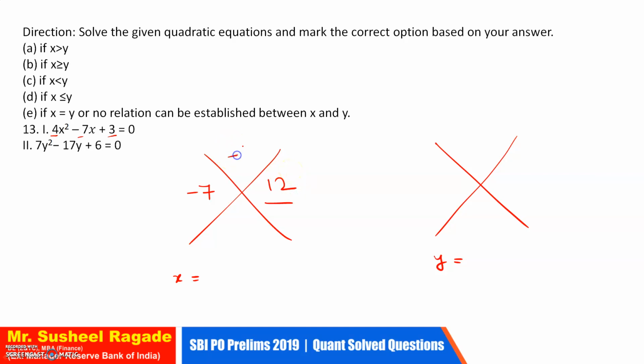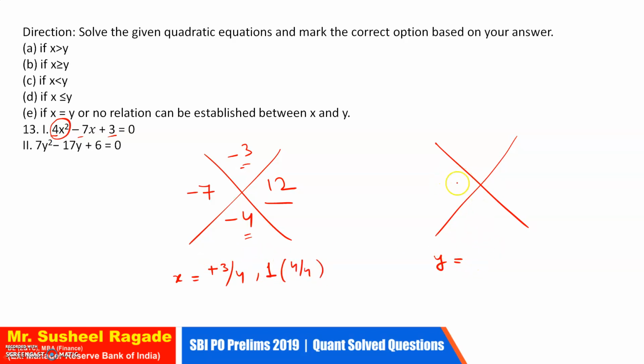So this is minus 3 and minus 4. We have to change the sign and divide by the coefficient of the square. So this is minus 3 by 4 and plus 3 by 4 and 1. Why 1? Because it is 4 by 4.